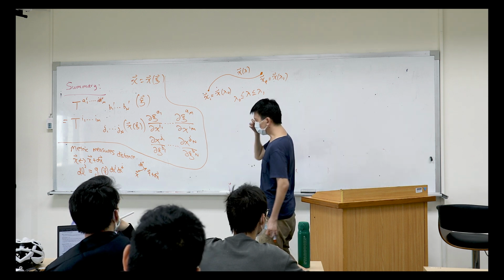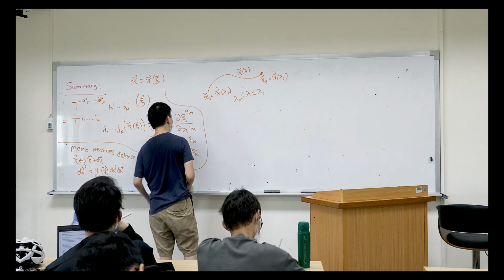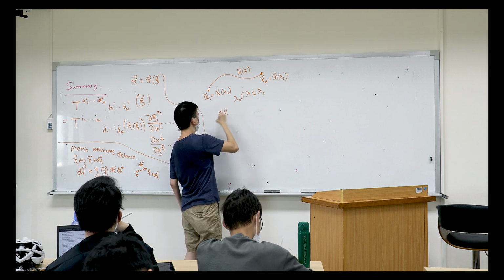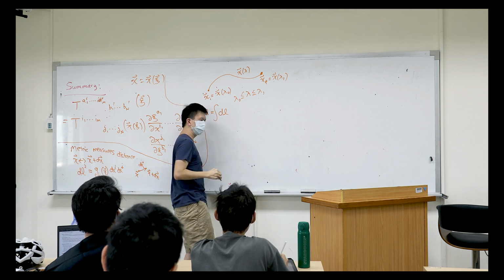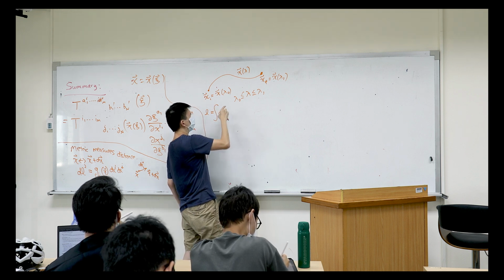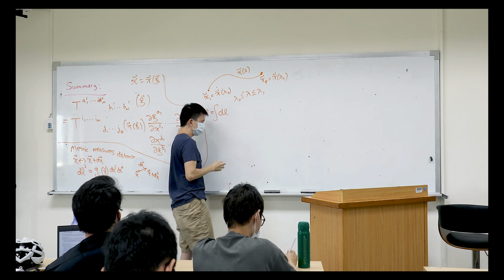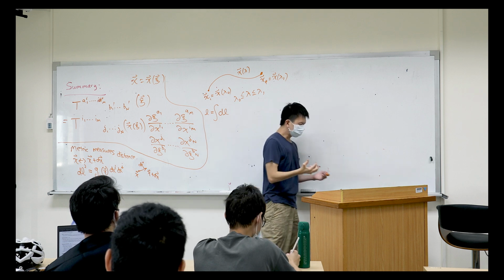But if you choose a path, then this will immediately tell you that dl, the total length, of course, is just the integral of the infinitesimal. But now we have a parameterization that allows you to do the calculation. Whenever you want to do a concrete calculation, you need coordinates.